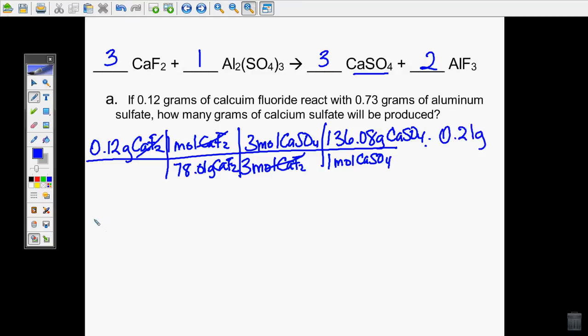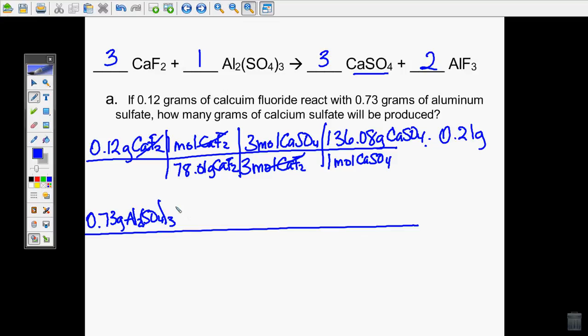Okay, so I need to do it with my aluminum. 0.73 grams of aluminum sulfate and go to grams of calcium sulfate. So I need my molar mass of aluminum sulfate, which is 342.15 grams of aluminum sulfate. I should have picked smaller compounds. I'll run out of room again.